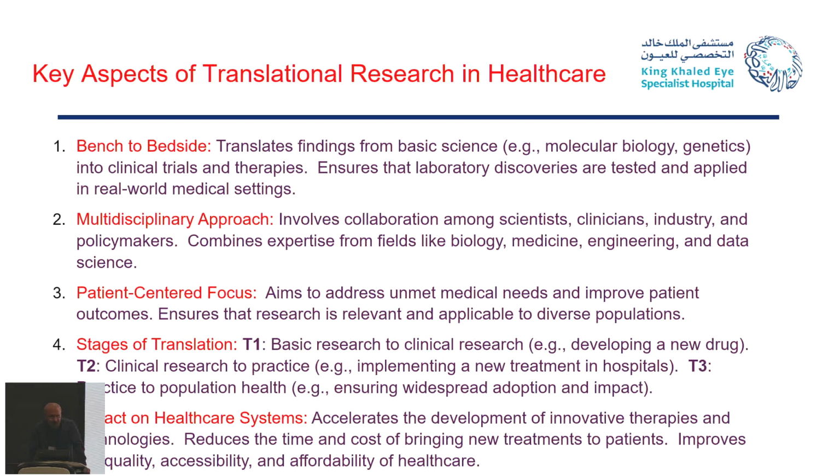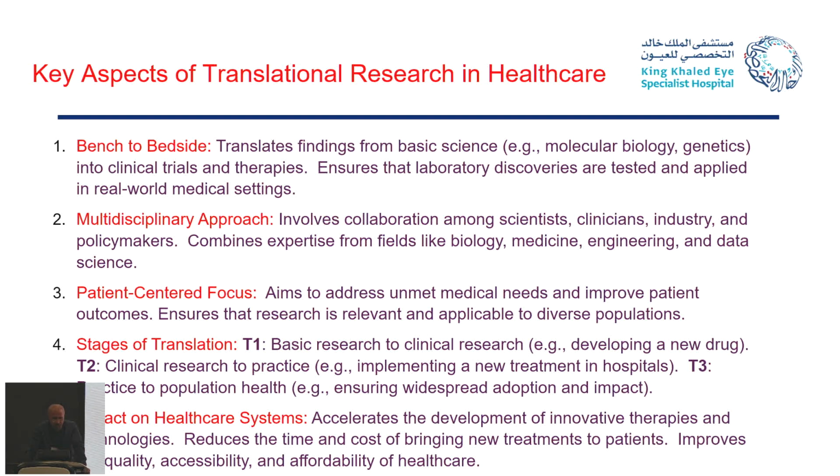The stages of translation: usually stage one is where basic research turns into clinical research, like, for example, developing a new drug. The second stage is clinical research to practice, where you implement a new treatment. We gave the example of pharmacogenomics.